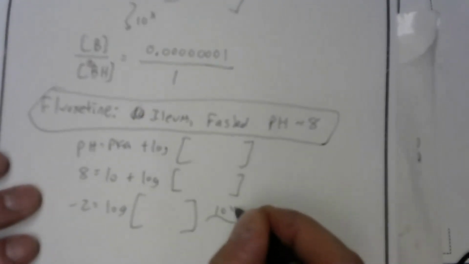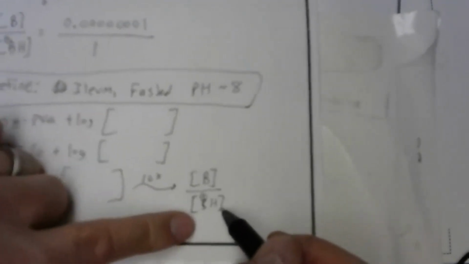We essentially get 10 to the x. B, BH plus. So the neutral base, basic molecule divided by the conjugate acid BH plus is about 0.01 to 1, which is equal to about 1 to 100, right?